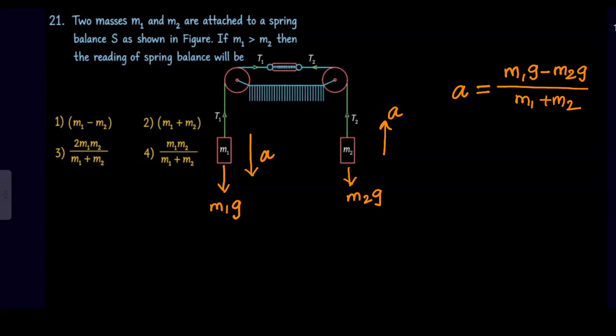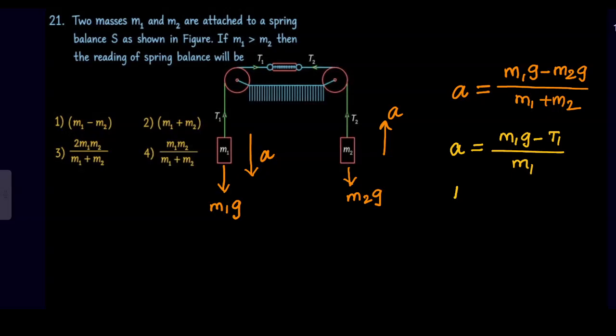Now we should find the tension, so we'll write the acceleration equation. A is equal to M1G minus T1 by M1. From this we'll get the T1 value.